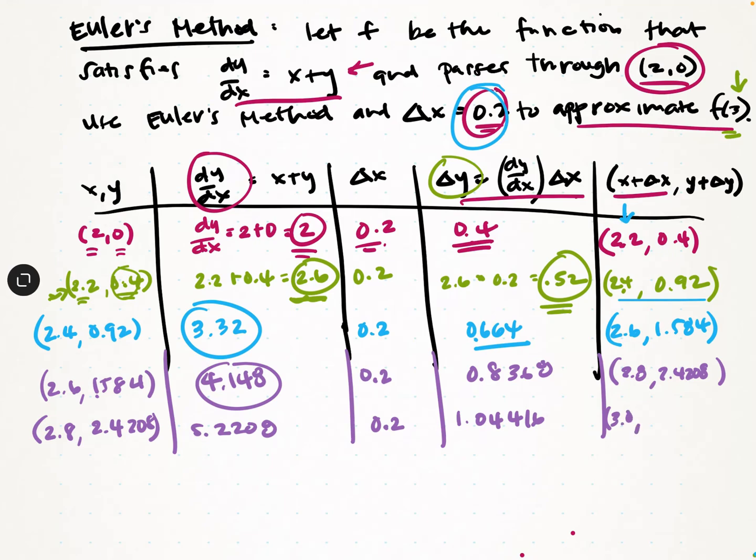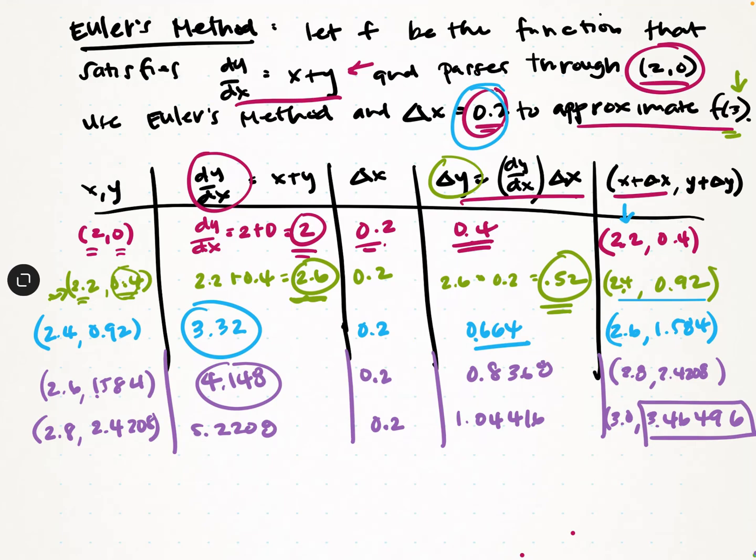So then when we have 3 for our x, our y is going to be 1.04416 plus 2.4208, which is 3.46496. Okay, so this would be our approximation. Now let's see what the actual value would be for this.